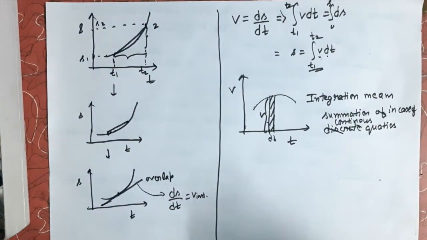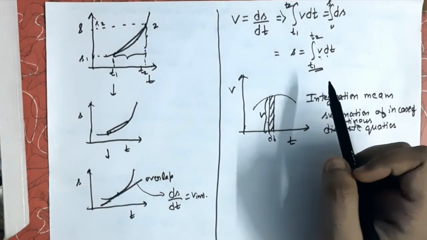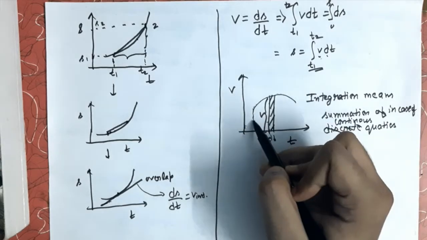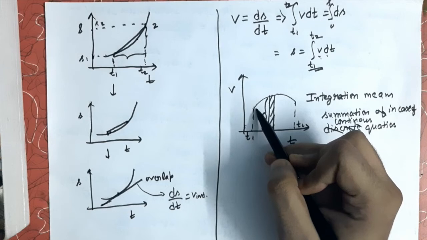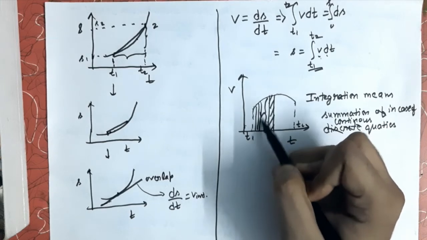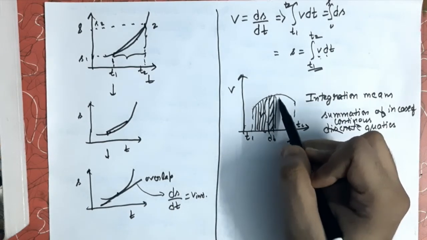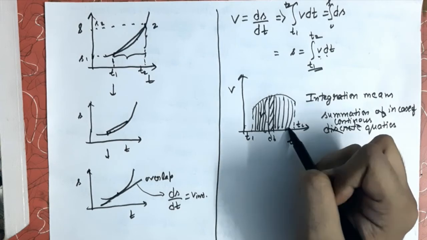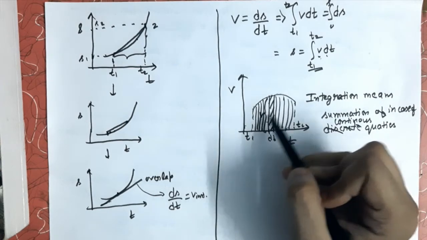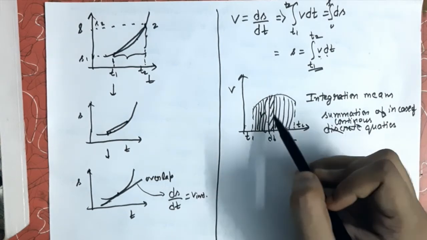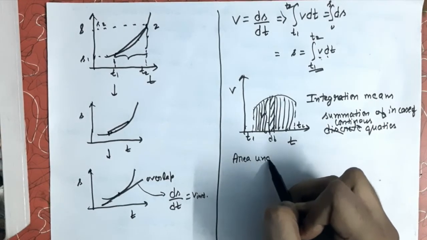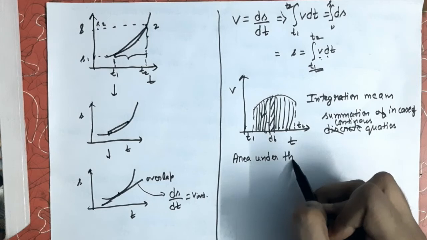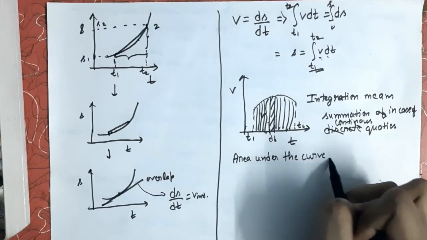Summation means what? From t equal to t1 to t equal to t2, we take all these small areas and we add them up. So what will the addition of these small areas give us? This will give us the area under the curve.